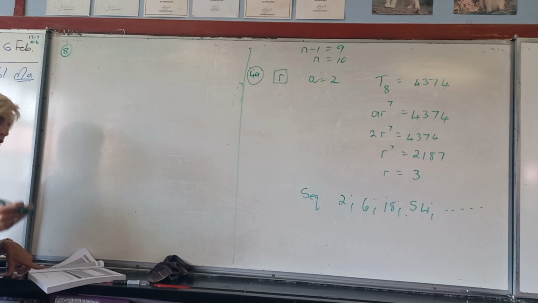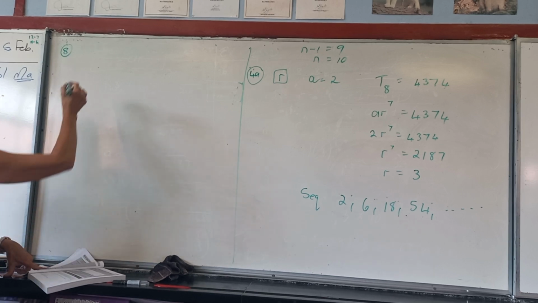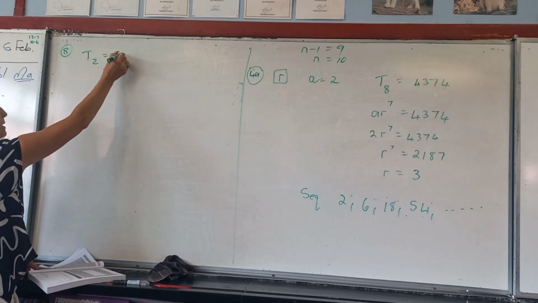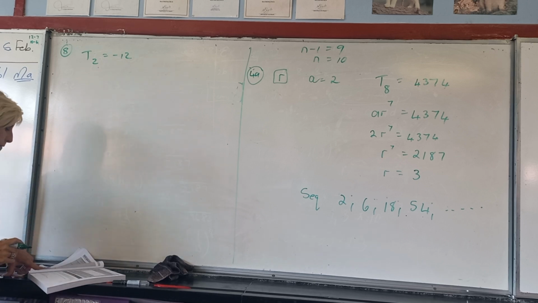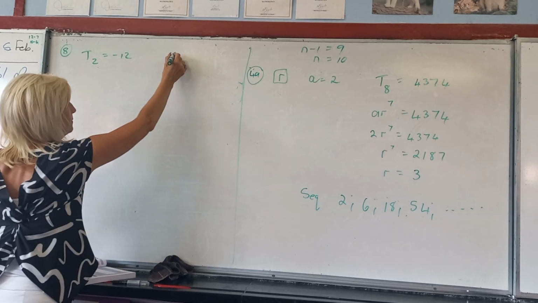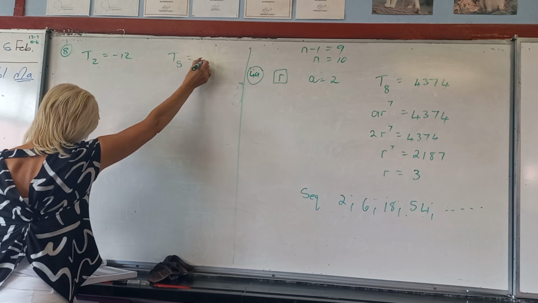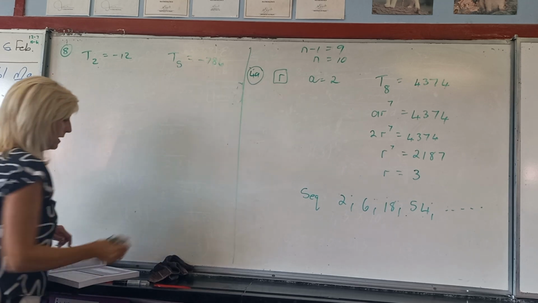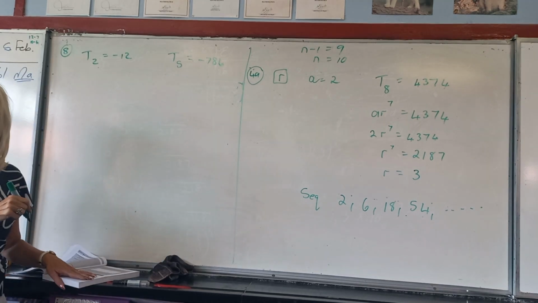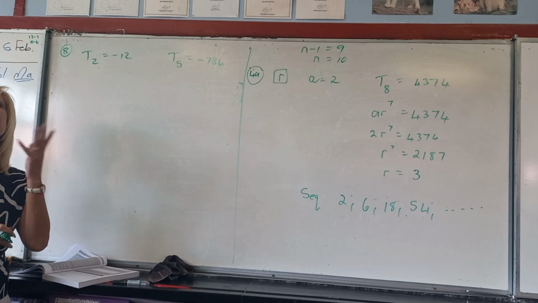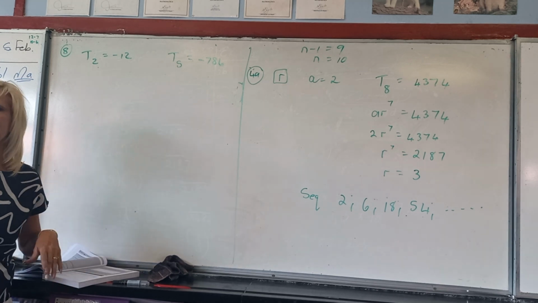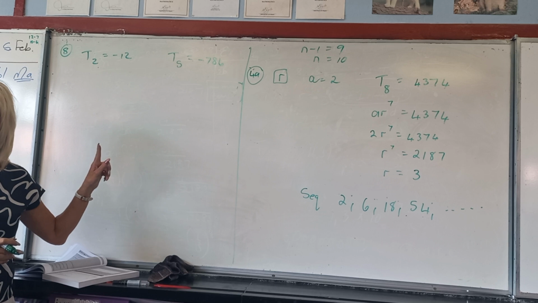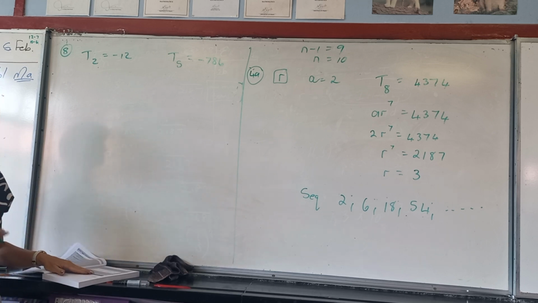The second term minus 12. T2 is minus 12. And the 5th term, T5, is negative 786. And they've got to look at their sum to see. They can't just say, it's minus 780. It's got to be something that's going to work. Okay? Otherwise, there's a mistake.